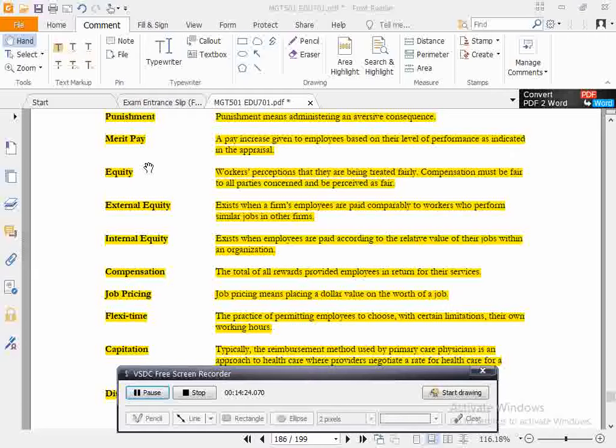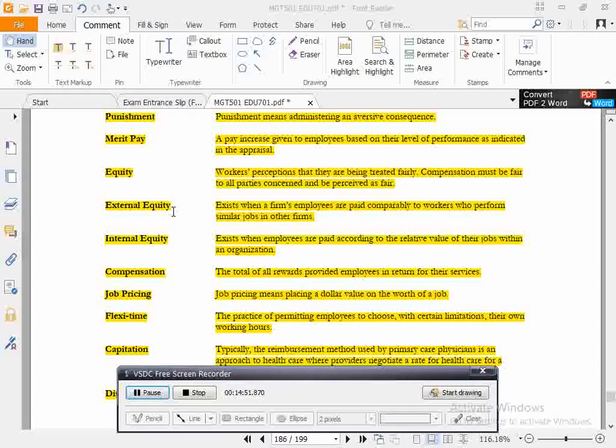Equity: workers' perceptions that they are being treated fairly. Compensation must be fair to all parties concerned and be perceived as fair.